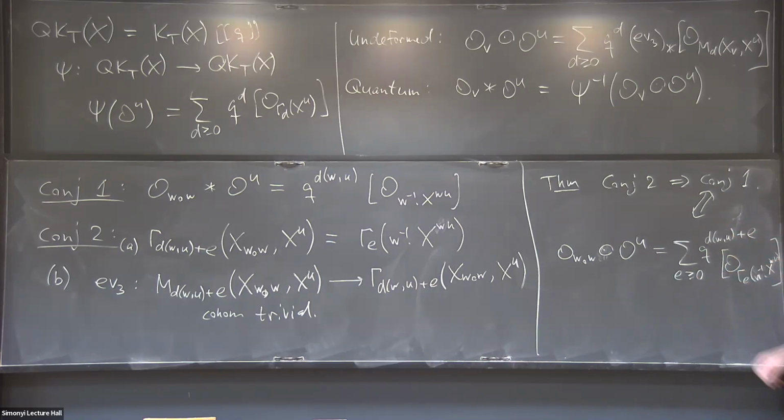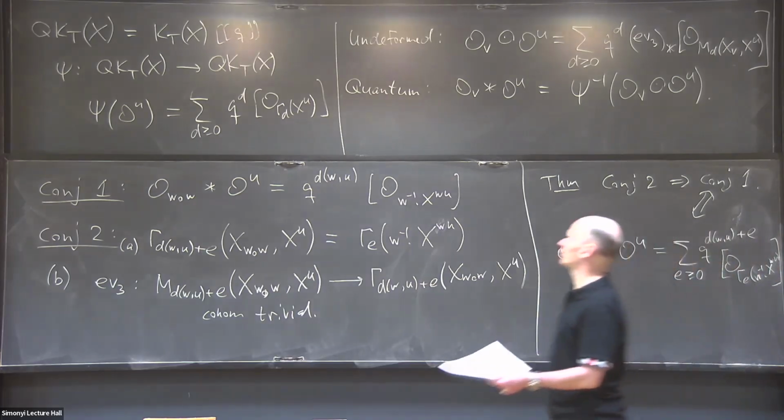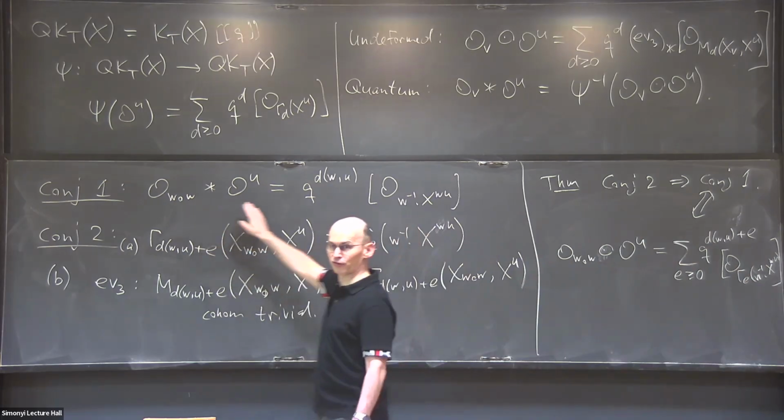Conjecture 1 is equivalent to this, because for conjecture 1, we just apply psi on both sides.